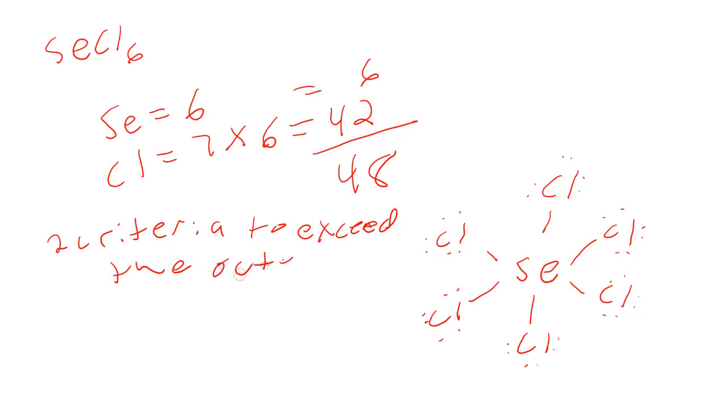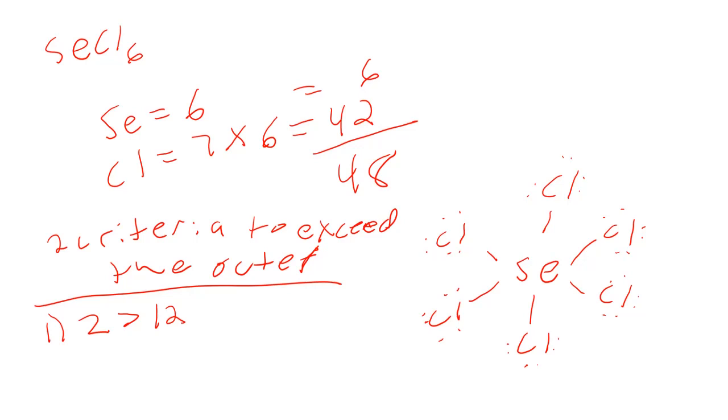And the 2 criteria for that are, number 1, we must have an atomic number, and we abbreviate atomic number as Z. We must have an atomic number greater than 12.